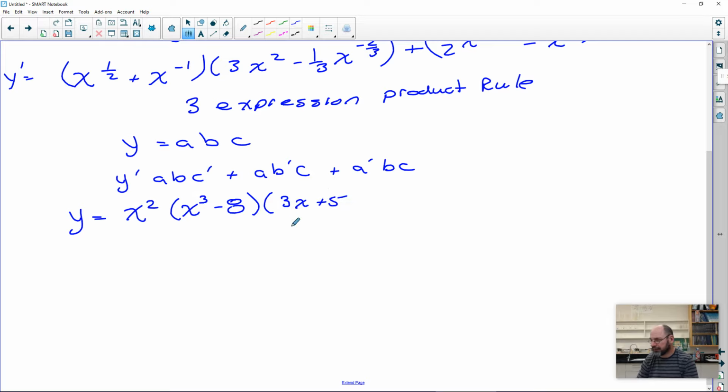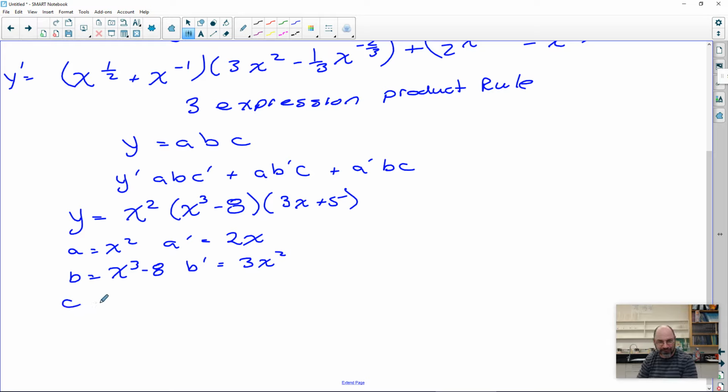Okay, and let's do this one using this rule so that a equals x squared, so a prime equals 2x. b equals x cubed minus 8, so b prime equals 3x squared, and negative 8 is 0 for a derivative.